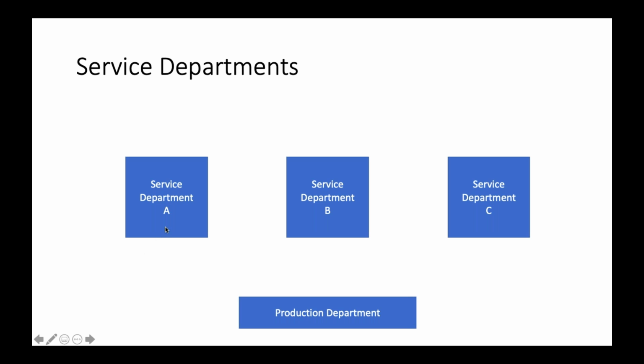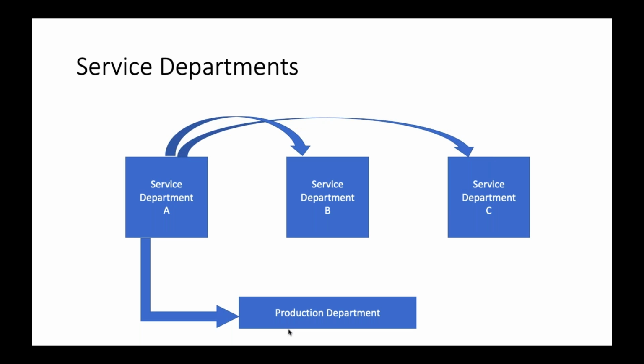Say service department A serves the production department and also serves service department B and service department C. So all costs incurred by service department A should be allocated to production department, service department B, and service department C.